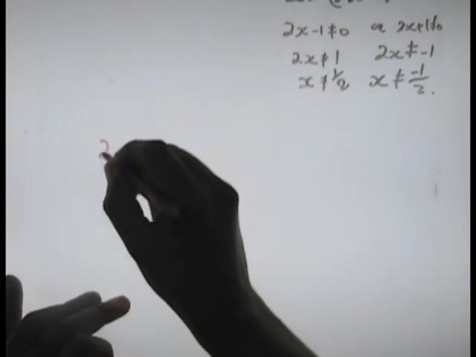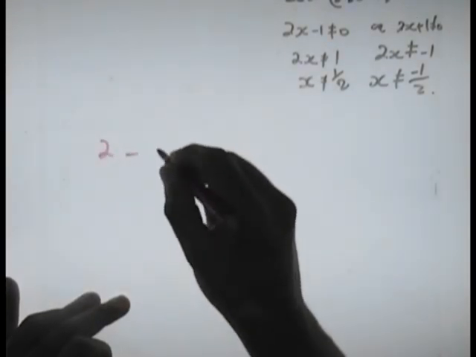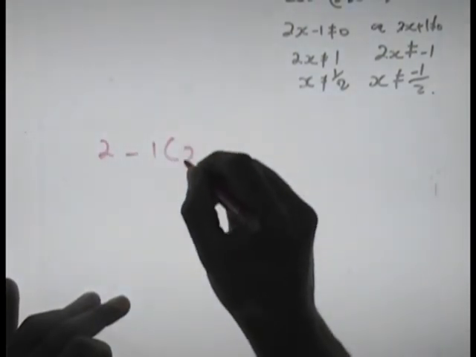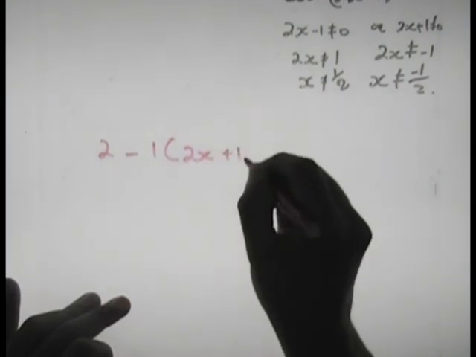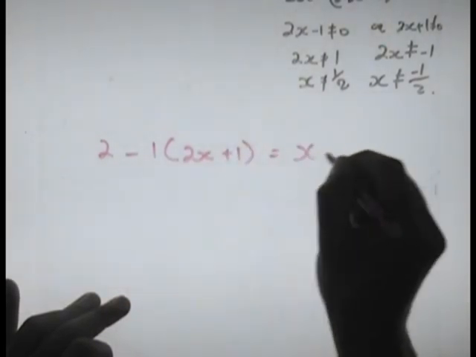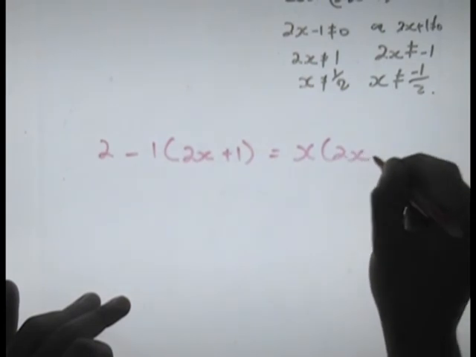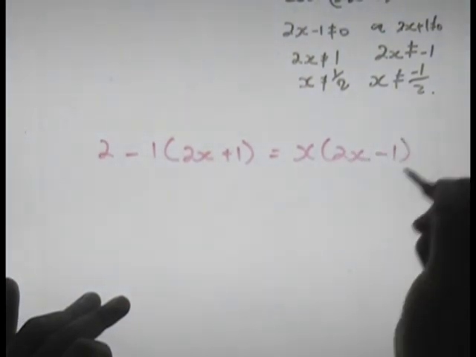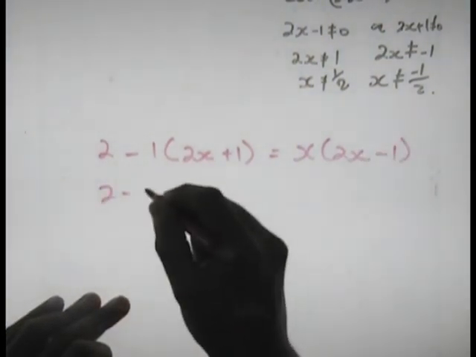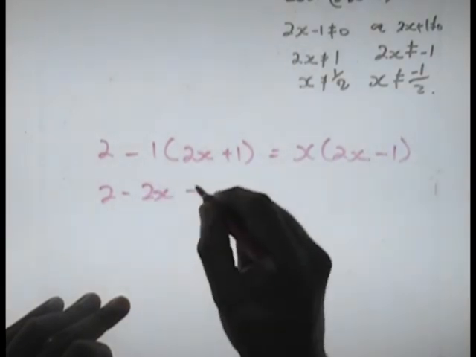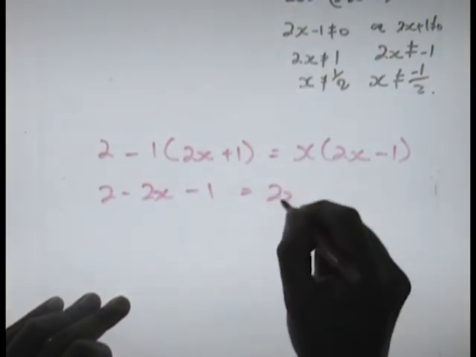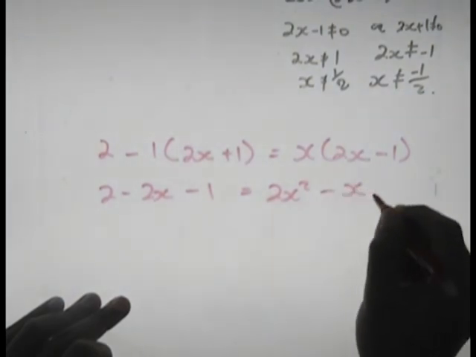Now, if I multiply that entire expression by the LCD, I'm going to get a result of 2 minus 1 multiplied by 2x plus 1 is equal to x multiplied by 2x minus 1. That means that 2 minus 2x minus 1 is equal to 2x squared minus x.